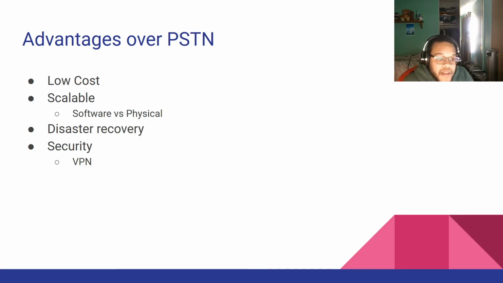The scalability of it, expanding out to reach more parts of the world, is much, much easier for a software system than an analog system.